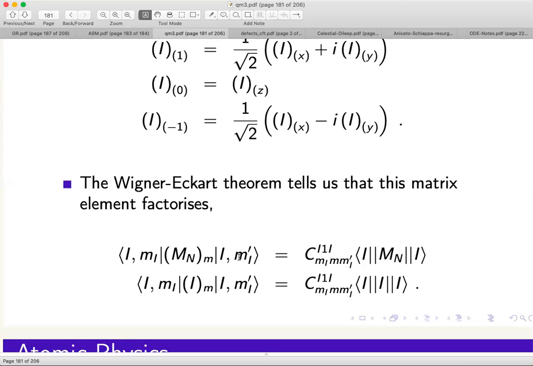Then the states that give a non-zero answer are those where the value written here, let's call it I prime, is I plus j, I plus j minus 1, I plus j minus 2, all the way up to the modulus of I minus j. All those values on this side are allowed.